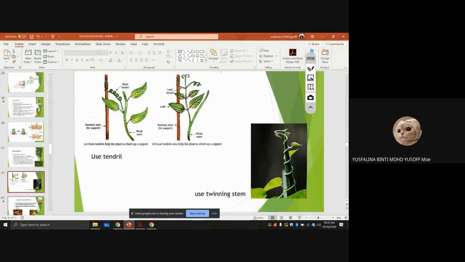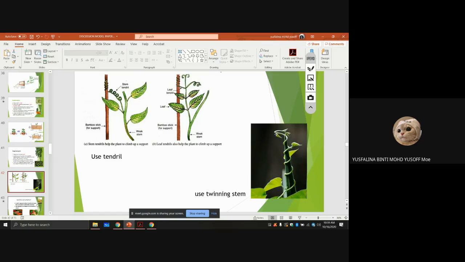If you don't put the bamboo stick here, it cannot grow upward. It will go down like this. So you need to put a bamboo or any wood here, then it will wind the stem around the bamboo to get support and also to get sunlight. This is an example of plants that use a winding stem.